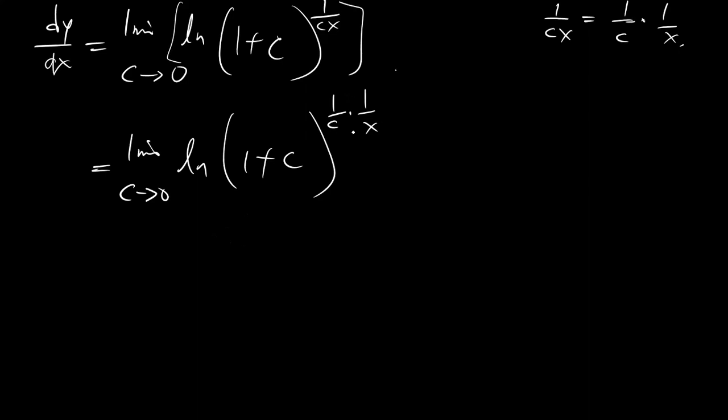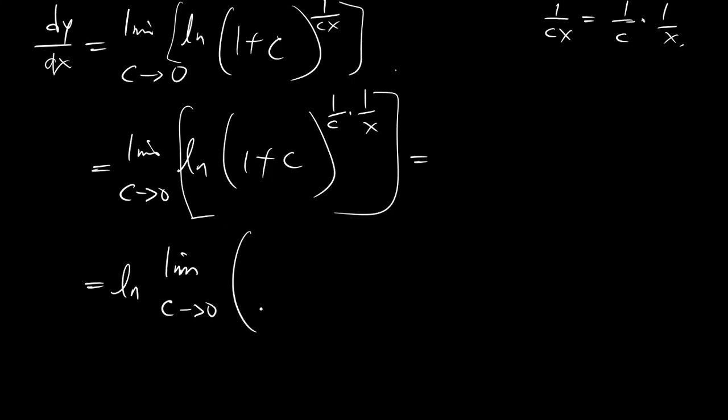So this is it. The limit of the whole of this is the same thing as bringing the ln out. Then we say the limit of 1 plus c to the 1 all over c.